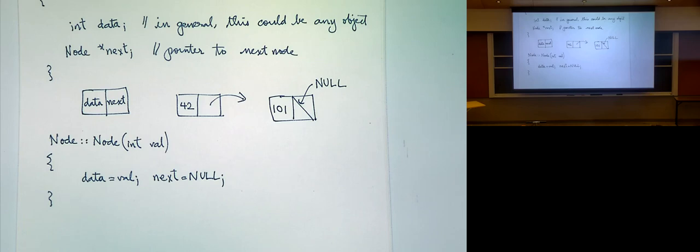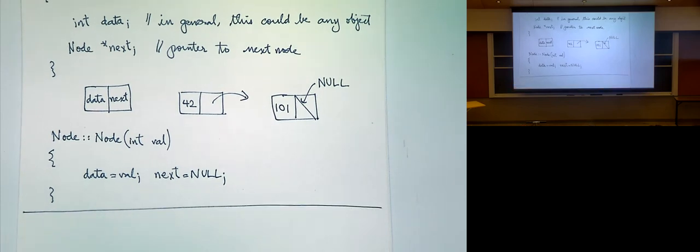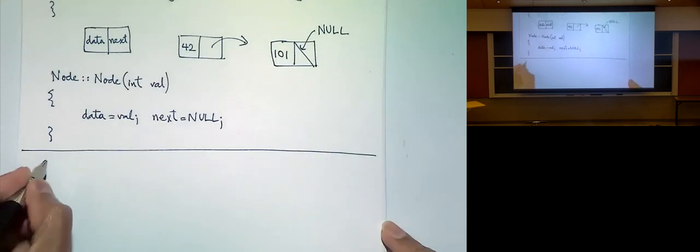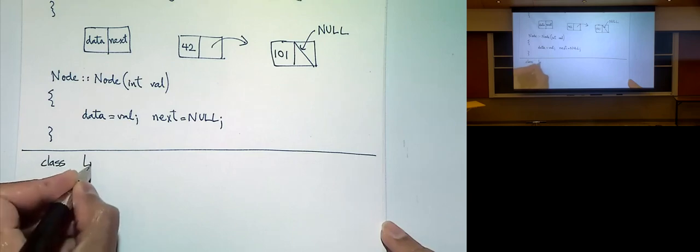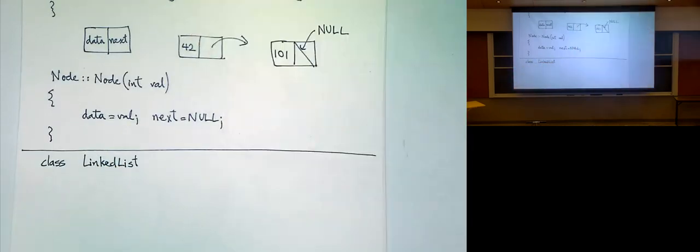Okay, so this is a node. Once you've defined what a node is, you can define a linked list of nodes. Right? So the linked list is built on top of the node class. So this is the class linked list. Again, all of this code is available in that Codio box called linked list.